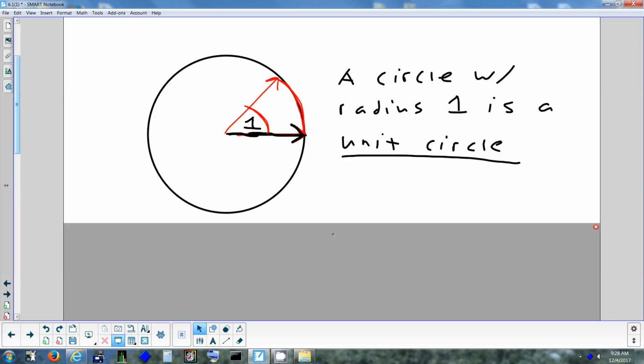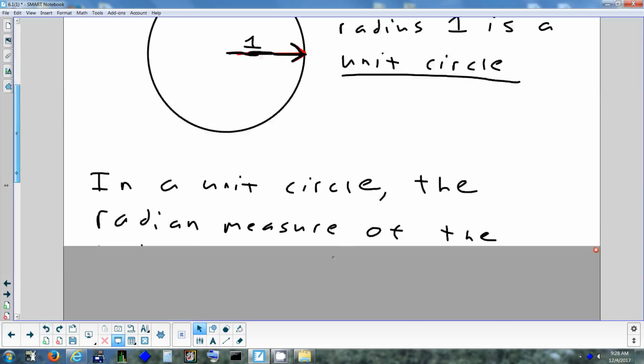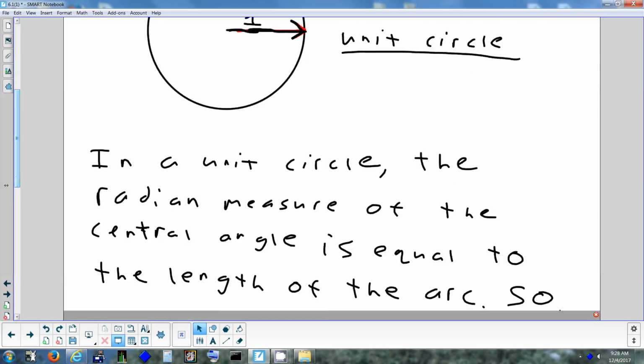In a unit circle, a very special connection. The connection is that if you draw an angle and you measure the angle in radians and write that number down, and then you measure the length of the arc and write that number down, those two numbers will always be the same.